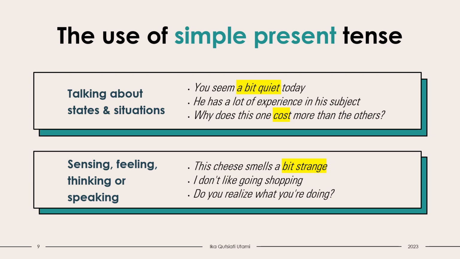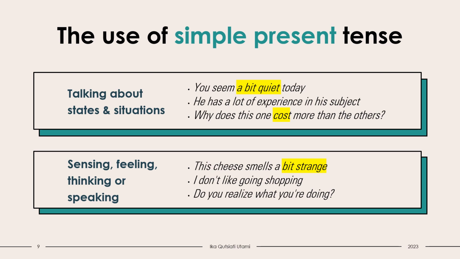And the number 4, using the present simple with verbs of sensing, feeling, thinking, or speaking. With many verbs of sensing like hear, see, or smell, like a feeling. For example, we use like, love, hate, and also for thinking, like know, realize, and remember, or speaking like promise, admit, or advise.